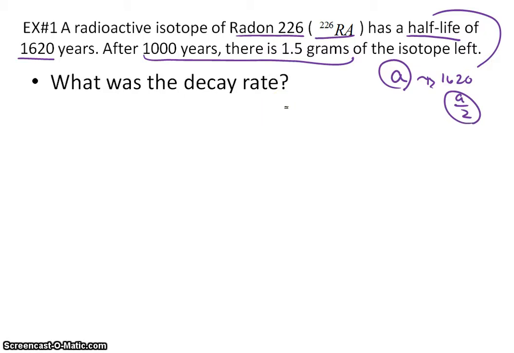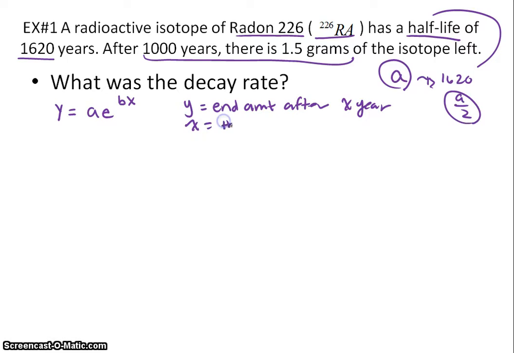So this is an example of an exponential decay problem. And the generic equation for an exponential decay problem is y equals a e to the bx, where y will be the end amount after t years, or x years in this case, because x is the number of years.